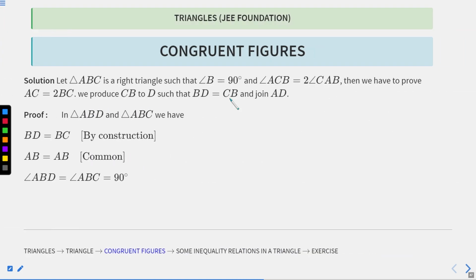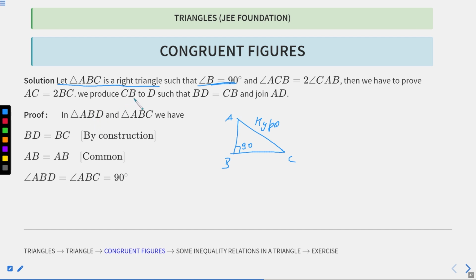Let triangle ABC be my right angle triangle with angle B of 90 degrees. This is my A, B and C, and AC is my hypotenuse. Now we are going to do some construction.